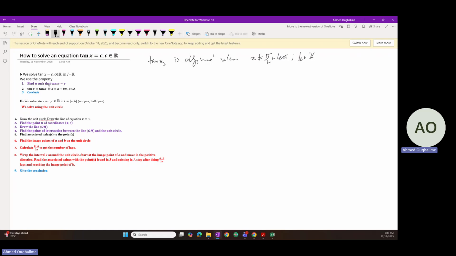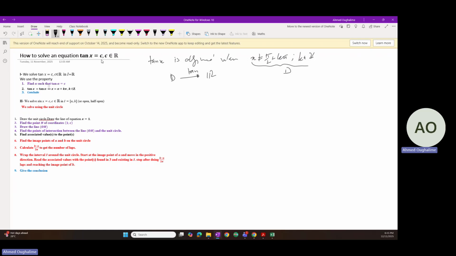Sine and cos are different over R. So this is the first thing to keep in mind. Let's say this is my set D. The image of D by the tan function is R. What does this mean?